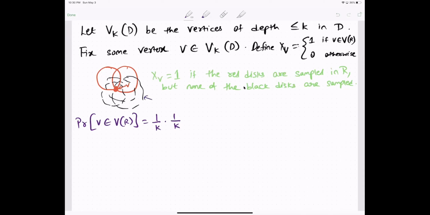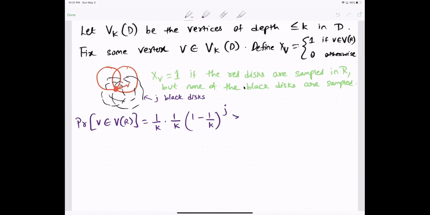And then let's say there are j black disks. None of them should survive. They should not be sampled. I'm multiplying all of these because each of these disks was sampled independently. Because these were all independent events, I could multiply all of them. So this is the expression I get.